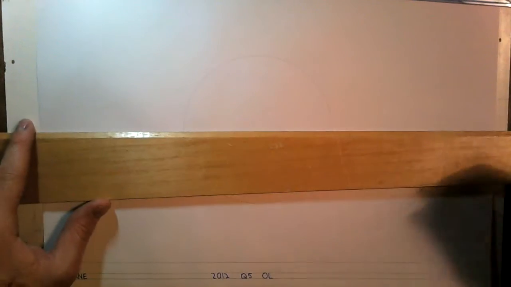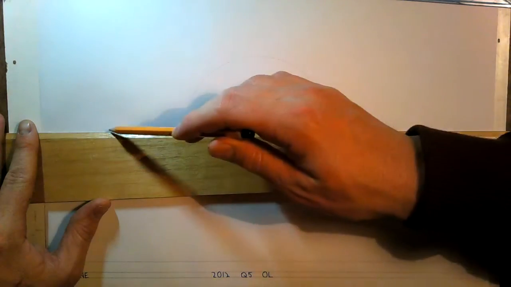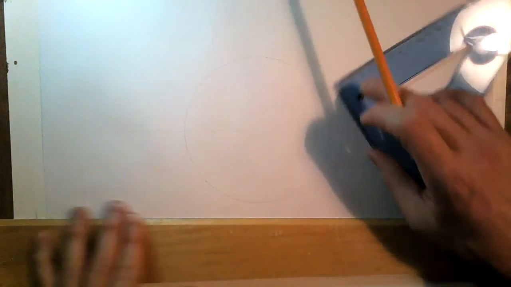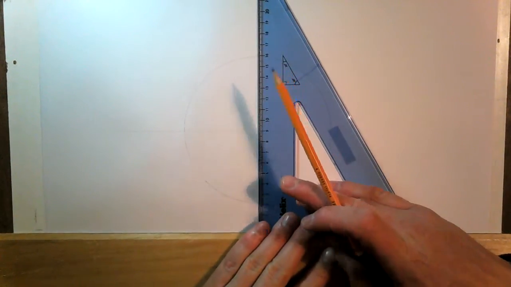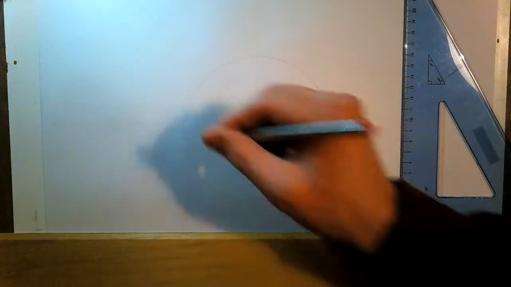Okay. So I'm going to put a cross section through that, a horizontal line, and I'm going to mark my points.